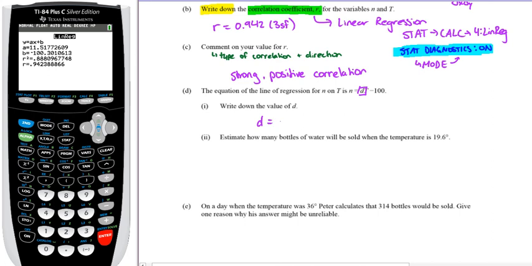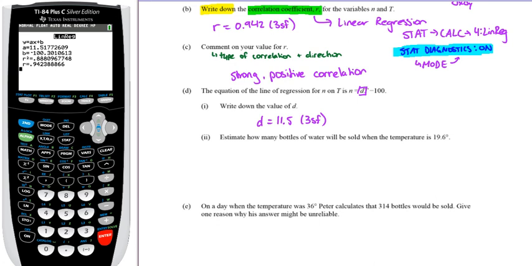So D is equal to 11.5, rounded to 3 sig figs. And it's helpful to see that in this particular question, they won't always do this, they've given you the y-intercept, and since we got the same thing, that's a good sign. It means this analysis of the linear regression on the calculator is most likely correct.